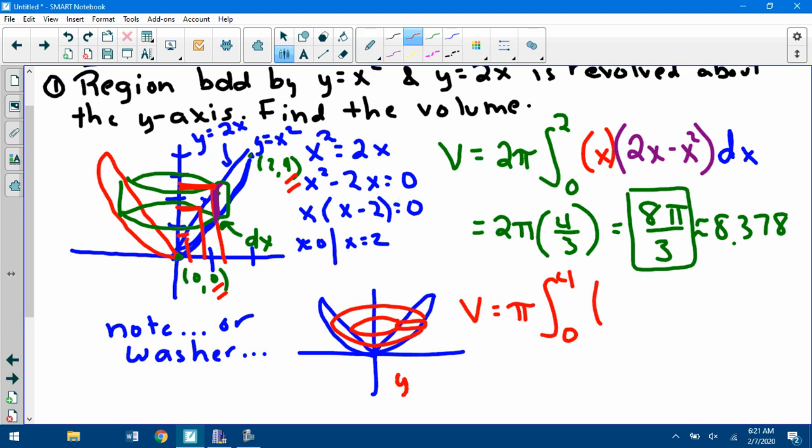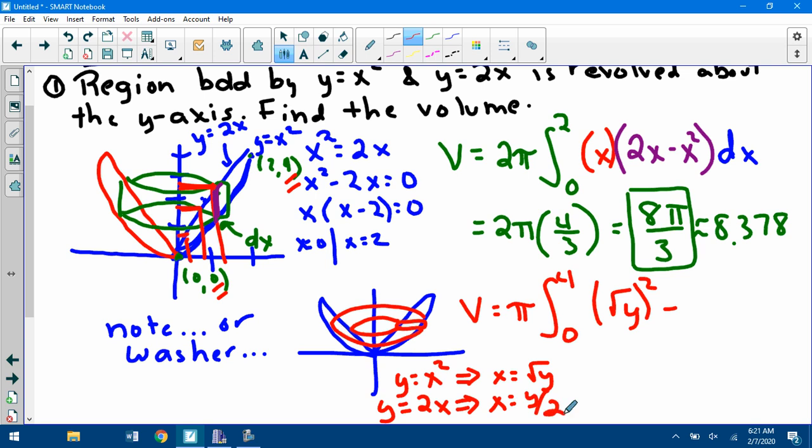So when I had y equals x squared, we need to rewrite that as x equals radical y. So my outer radius would have been radical y squared. And my inner radius would have been to that 2x equation. But instead of y equals 2x, I would have needed x equals y over 2. And now it's dy.